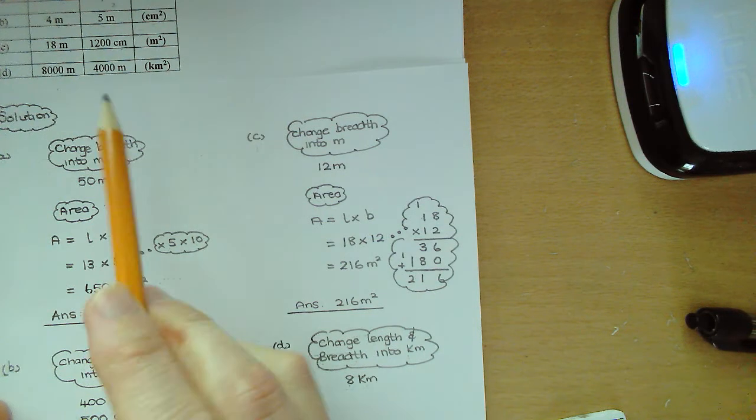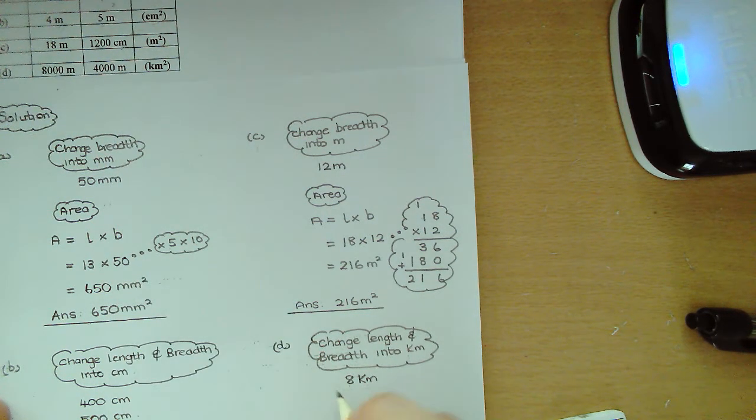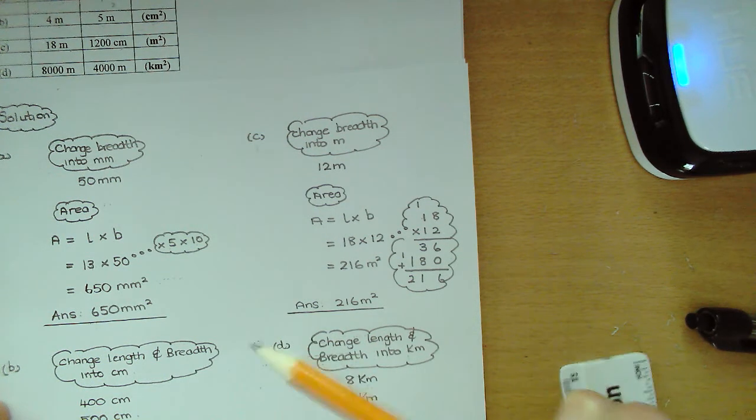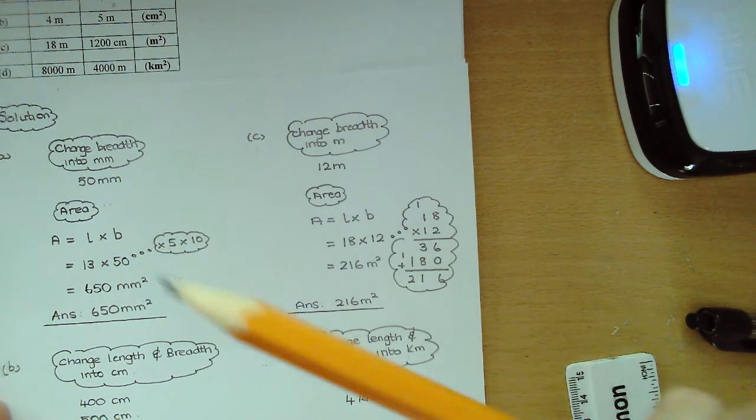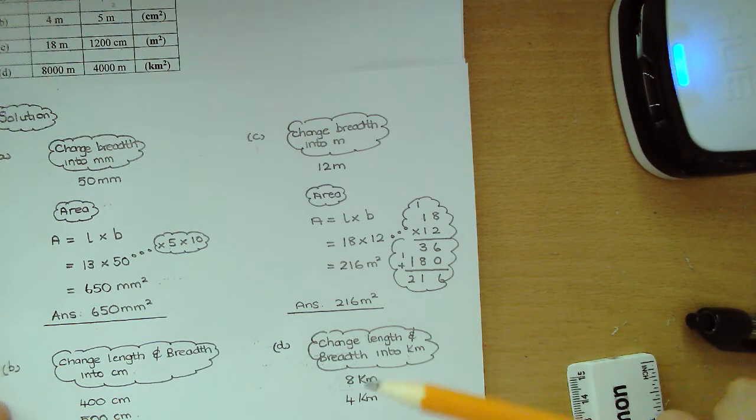And we're also going to be dividing 4,000 by 1,000, and that's just going to give us 4 kilometres. So please be careful. Really easy to make a mistake here. When you're changing a smaller unit into a bigger unit, you divide. When you're changing a bigger unit into a smaller unit, you multiply.